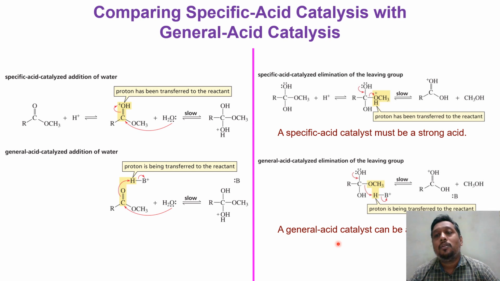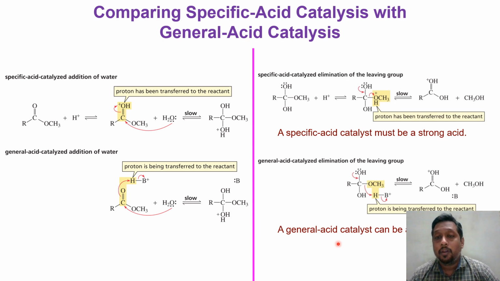If your acid is stronger, then preferably the reaction goes by the specific acid catalytic method, and if your acid is a weaker acid, then the reaction goes by general acid catalysis. In the case of specific acid catalysis, the protonation will occur before the slow step, whereas in the case of general acid catalysis, the protonation will occur during the slow step.